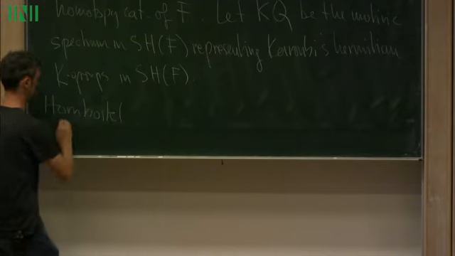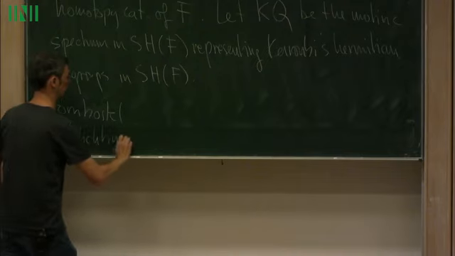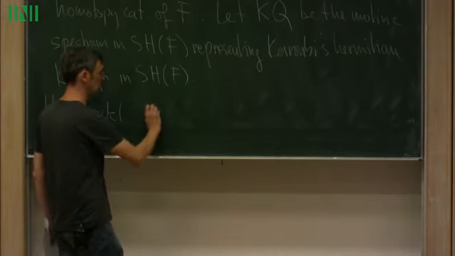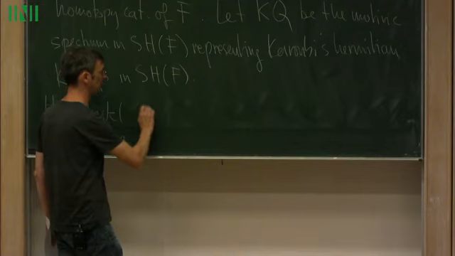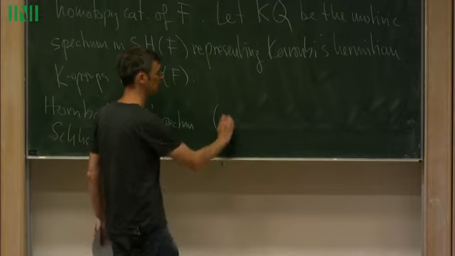So if you want to know how the spectrum looks, in the construction given by Jens Hornbostel, which also uses work of Marco Schlichting, as a P1 spectrum, it can be described as follows.